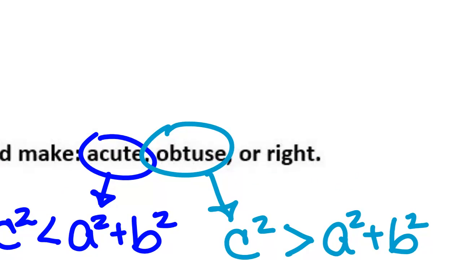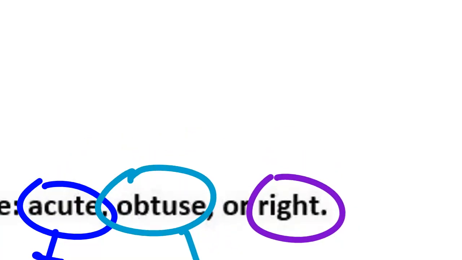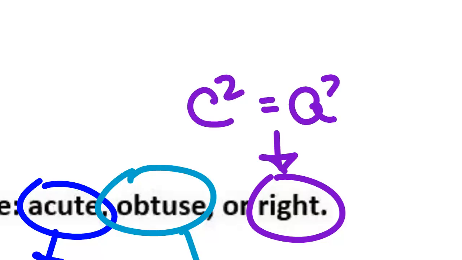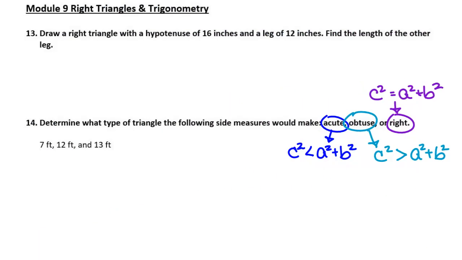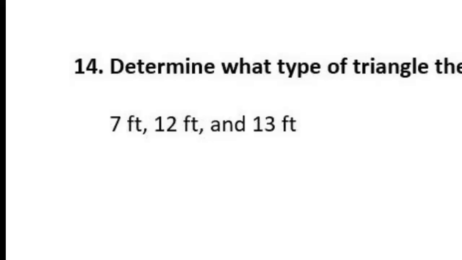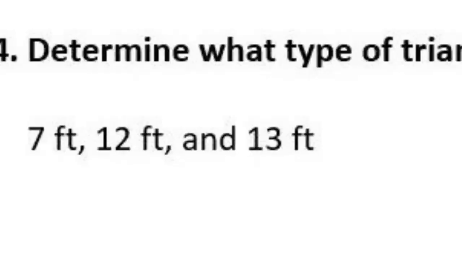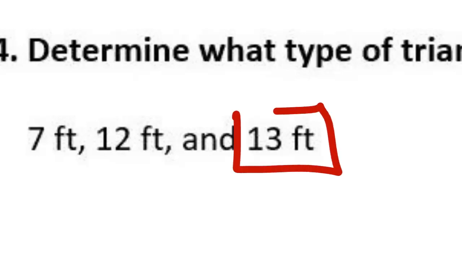Does anybody want to take a guess on how we would know it's a right triangle? Equal. C squared is equal to a squared plus b squared. C has to be the biggest number. So looking at these three choices for sides, which one would have to be C? 13.